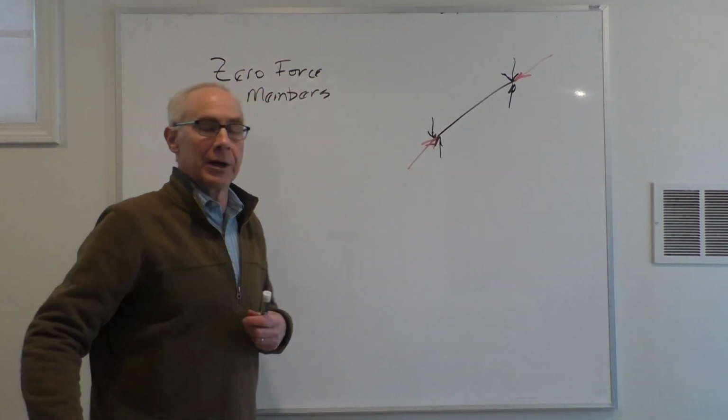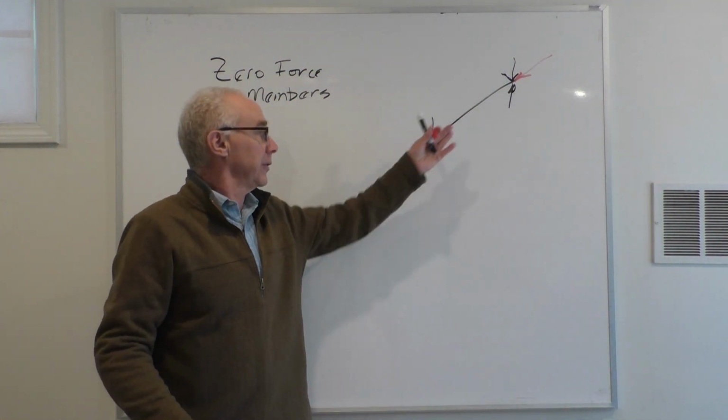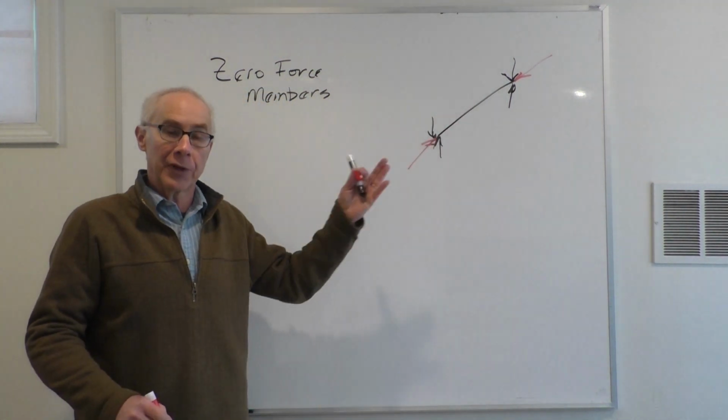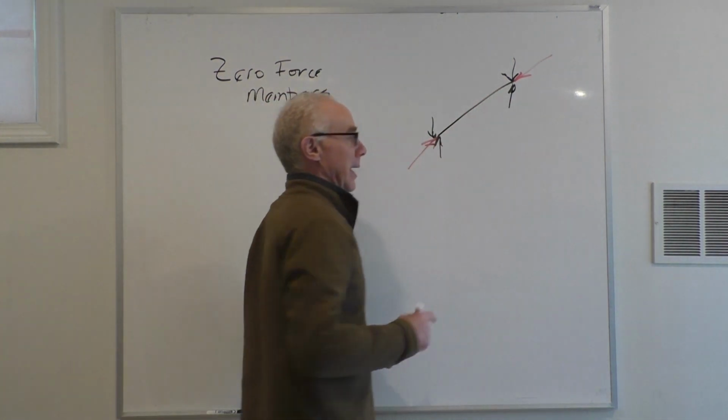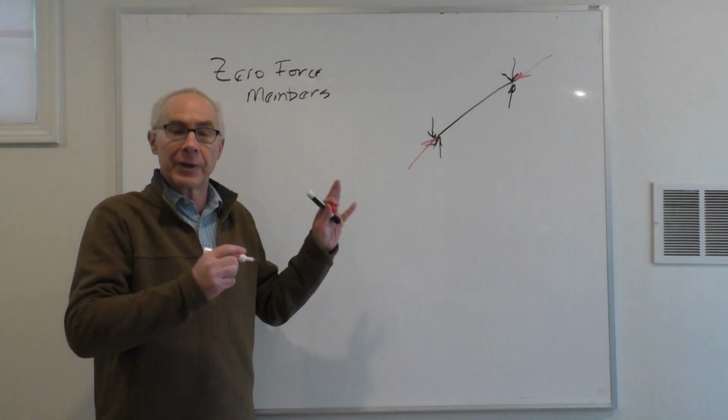In other words, that would be the resultant vector of these other forces if it was in equilibrium, and these would be of equal and opposite magnitude. And that's two force members.